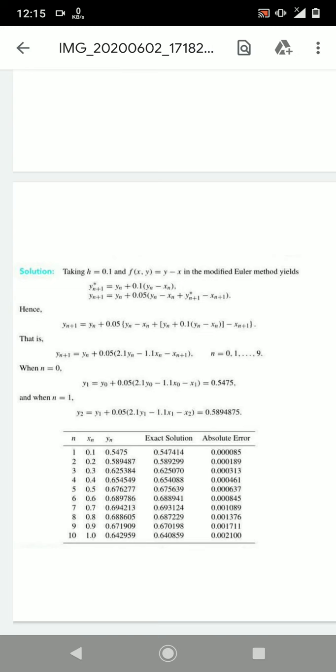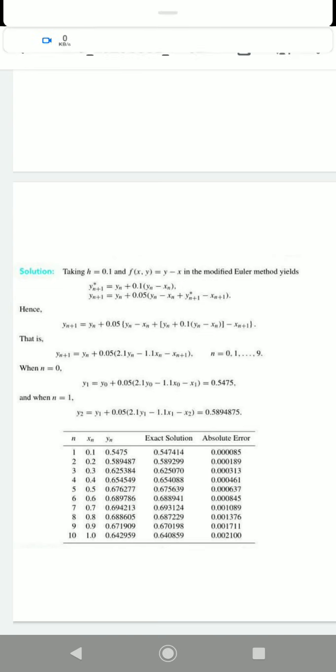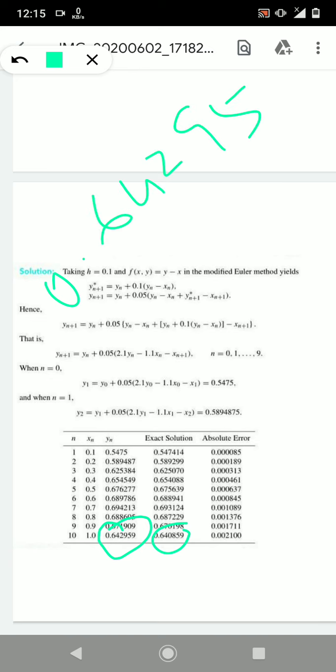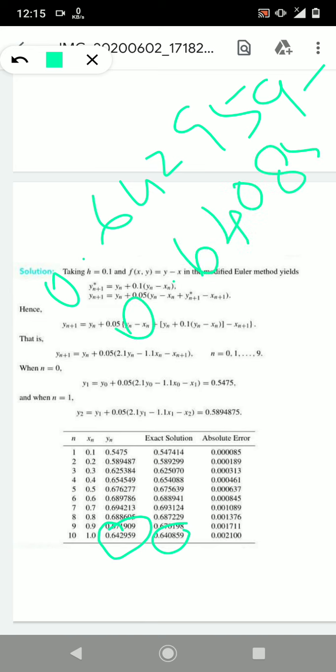And the error in this approximation: using the exact solution, we can find the value by substituting x equal to 1. The exact solution at x equal to 1 is 0.640859, and the approximate solution is 0.642959.